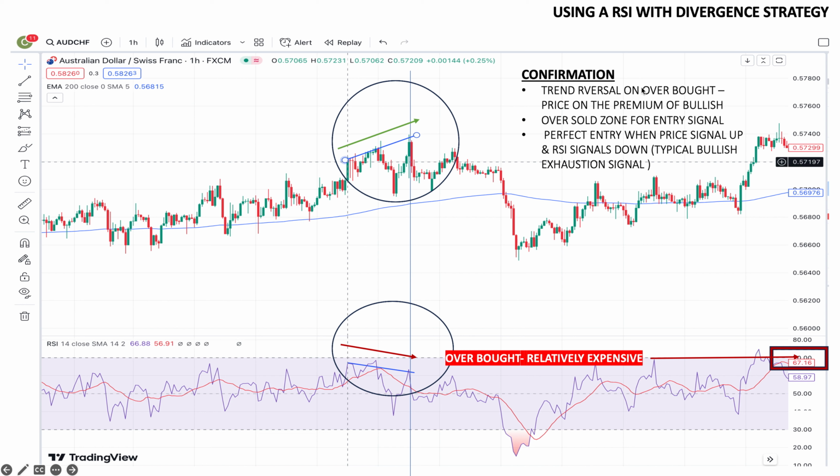And here is how to use an RSI with a divergence strategy. Like I said, divergence in simple terms is like an opposite. And as you know, the RSI means momentum, and the price action means the current price data, which you can see with your eyes. And if a divergence is an opposite, you need to understand what an opposite is.